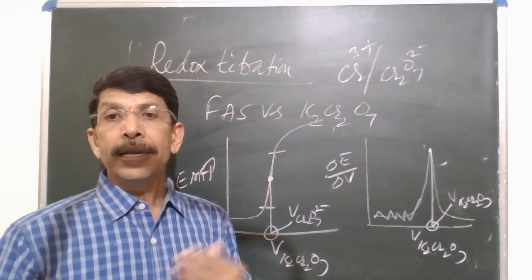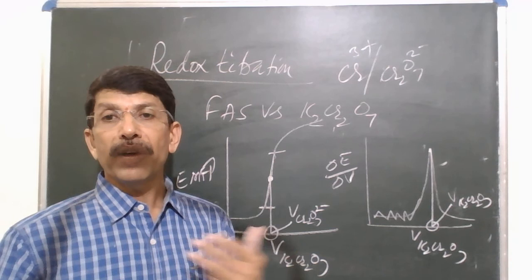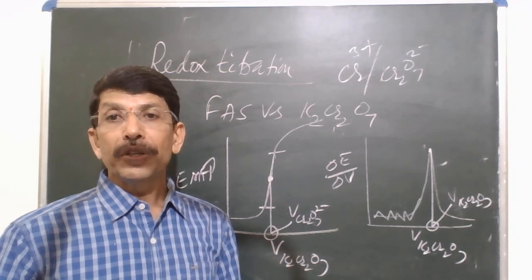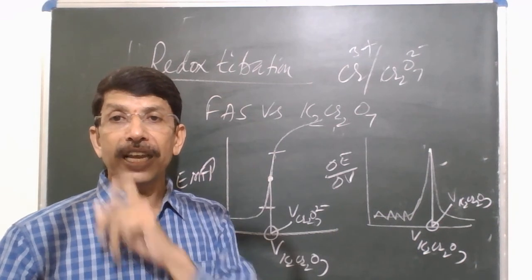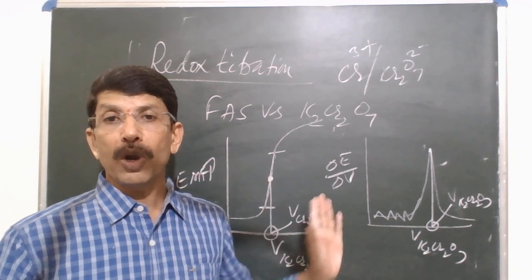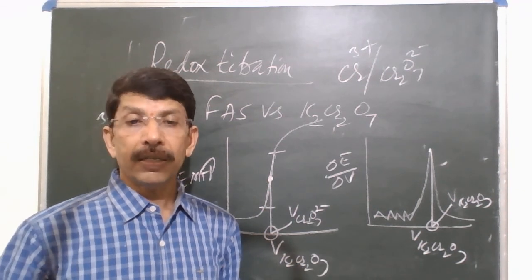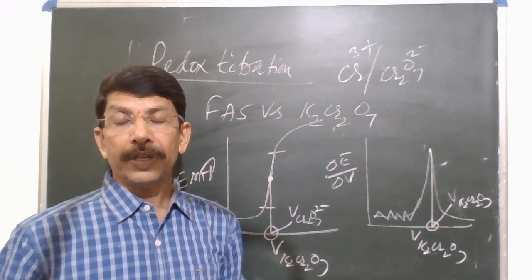You have a cell, then determine the initial EMF, then determine EMF for every 0.1 ml of dichromate added. Continue the titration till you get a sudden jump in EMF. After you find a sudden increase in EMF, take 4 to 5 EMF readings, stop. Then plot the graph and calculate what volume of dichromate is required for complete oxidation of FAS.